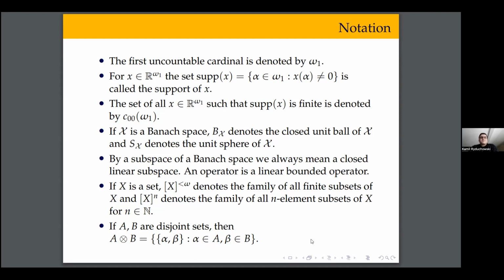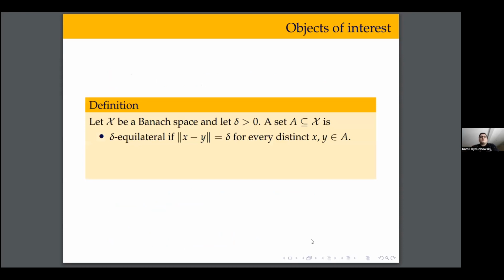Okay, so the main objects of interest for me are the following subsets of Banach spaces. Let X be a Banach space, and let's choose some positive number delta. A subset A of X is delta-equilateral if any two points are at distance exactly delta from each other.